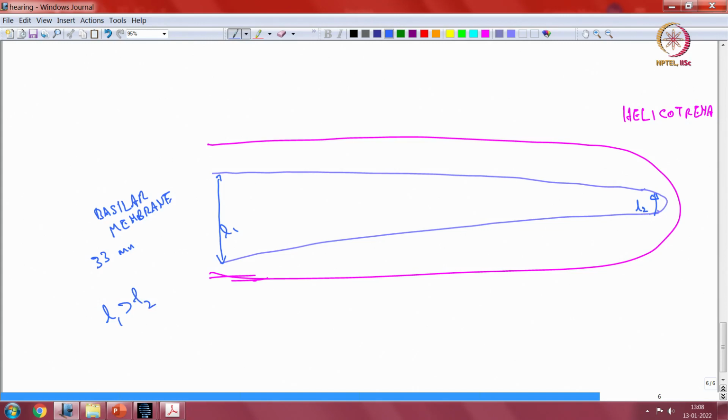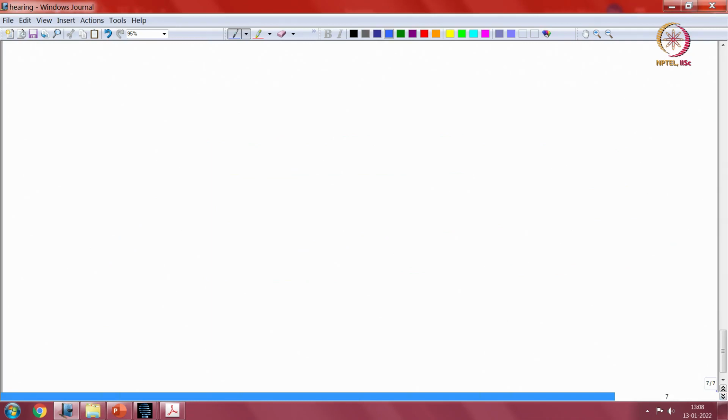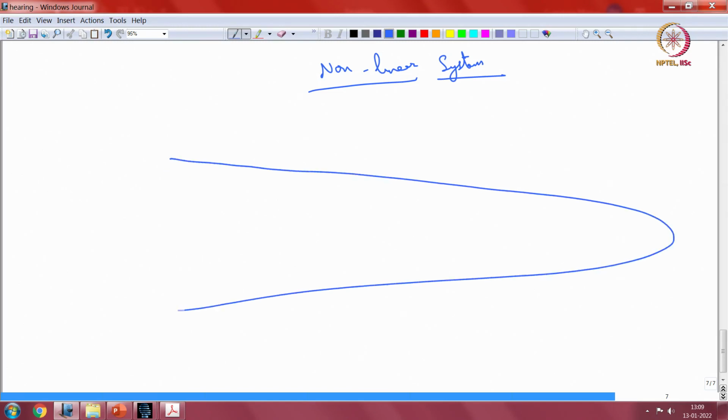Now apart from this difference in length, what is important is its response. It is a non-linear system. I have to explain both the non-linear and the system part of it. So what actually it does is, it's like this, and it sort of resonates to waves.